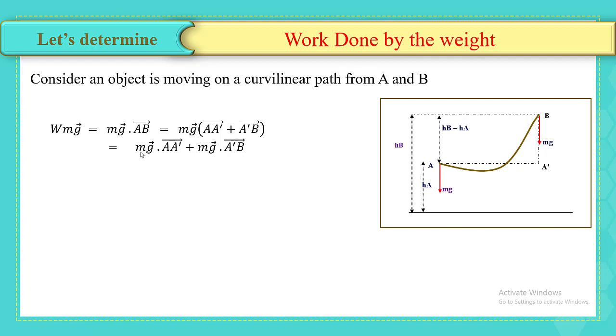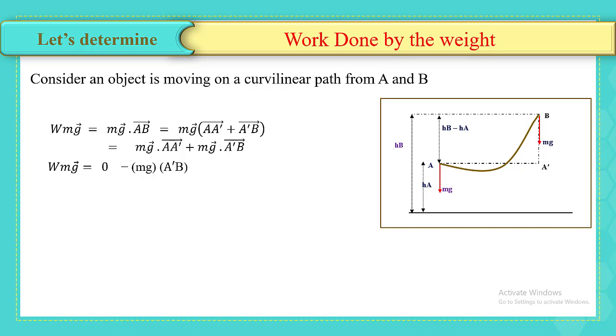So the work done by the weight is equal to 0 minus mg times A'B. Here minus because mg is downward and A'B is upward.